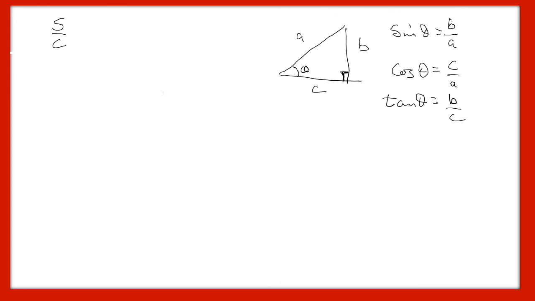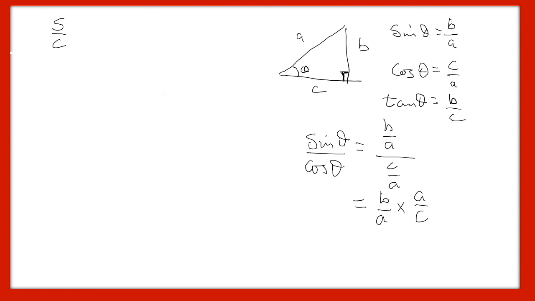Now, if I take what I've got so far and I put the sine of theta over the cos of theta, what I've got is B over A, all divided by C over A. And generally, if we're dividing fractions, what most people do is they reciprocate or turn the bottom one upside down, so that becomes A over C, and they change it to multiplication because it's much easier to deal with.